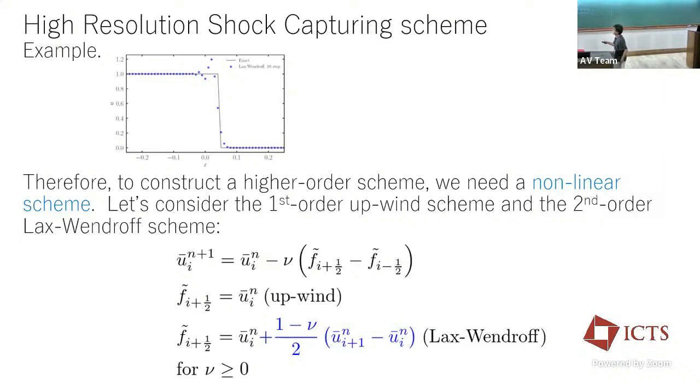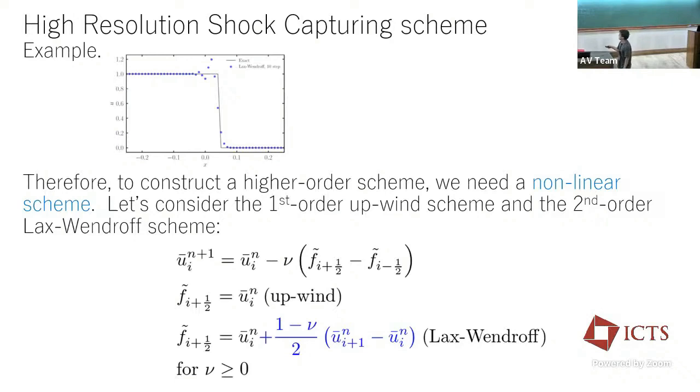So let's consider the first order upwind scheme, which I have already proven is very stable, but not super accurate. And also the second order Lax-Wendroff scheme, which is accurate, but not robust in capturing discontinuities.